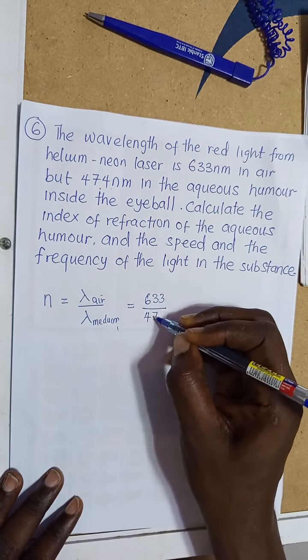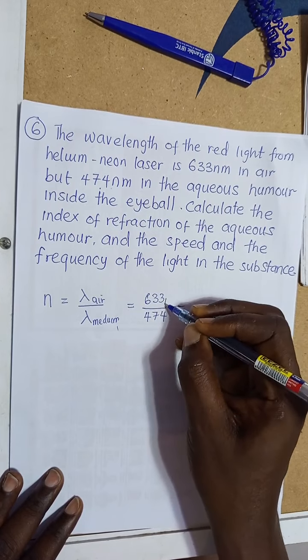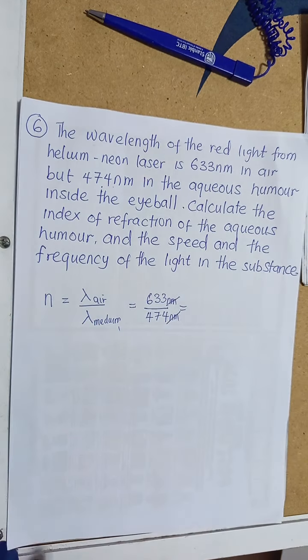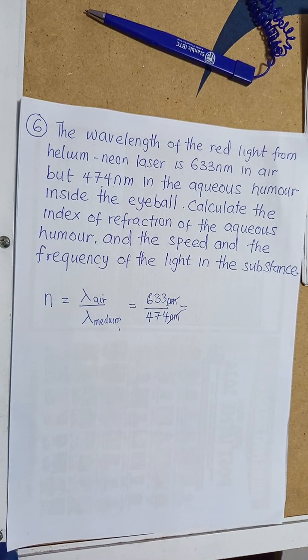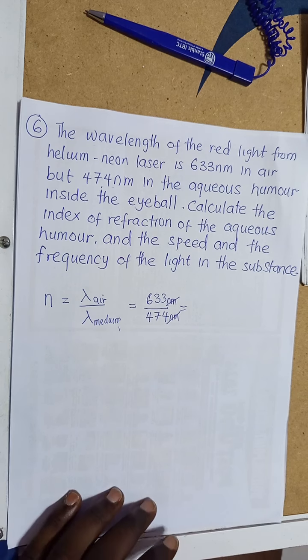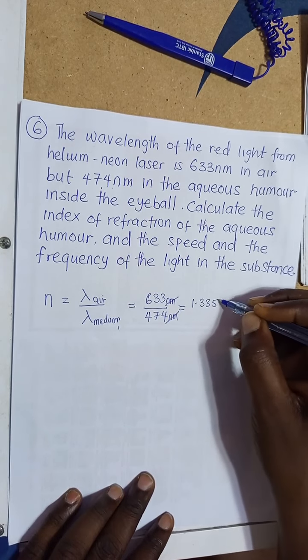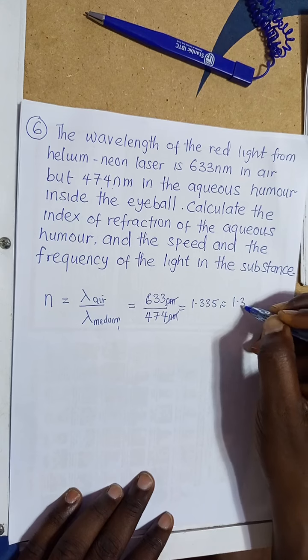So 474 nanometer, no unit, they'll cancel out. So if you divide 633 by 474, we're going to have 1.335. Approximately 1.34.